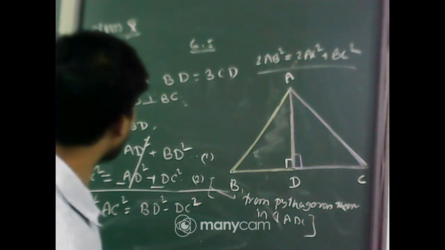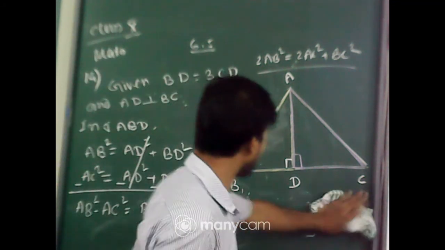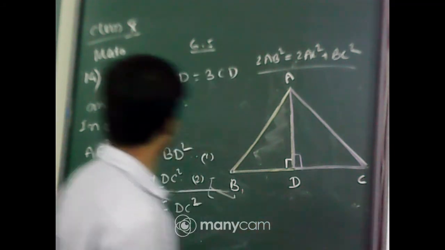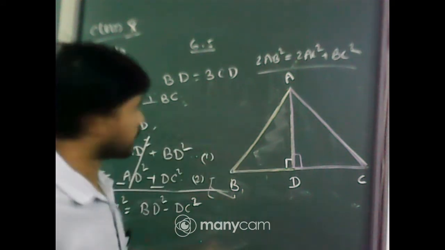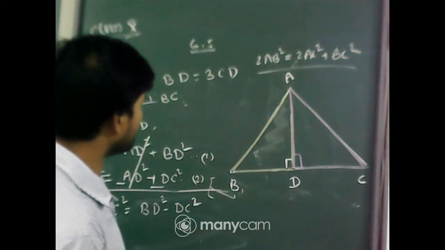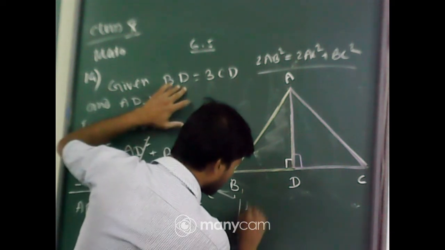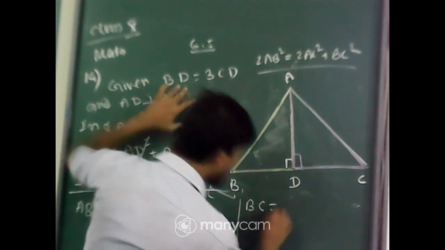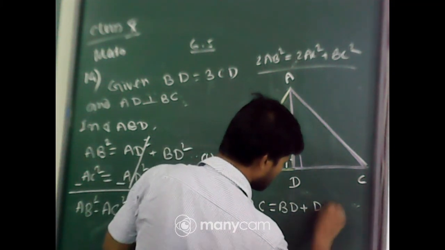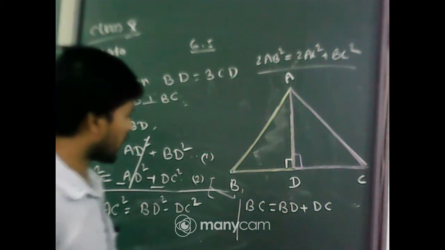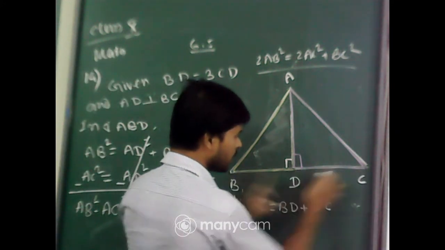Now look, we have to do a small calculation here. What is given is that BD equal to 3 DC. Now from here, can you write that BC is equal to BD plus DC?